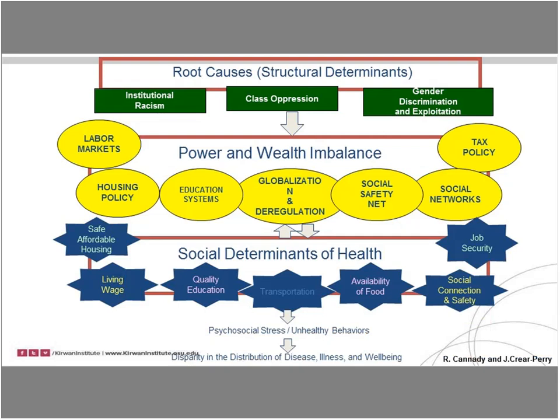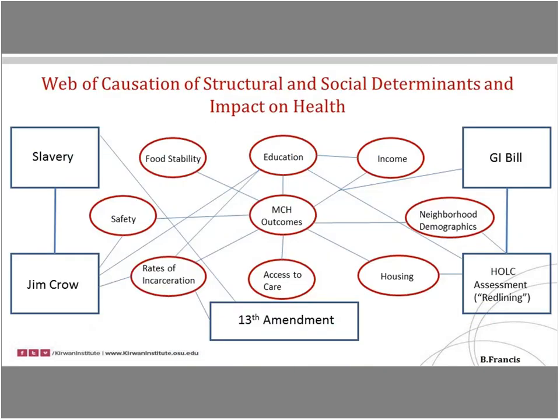And so, working simultaneously together, social determinants are not only upstream, but now also a downstream effect of all the other structural determinants that are in play. Then our web begins to look a little different.